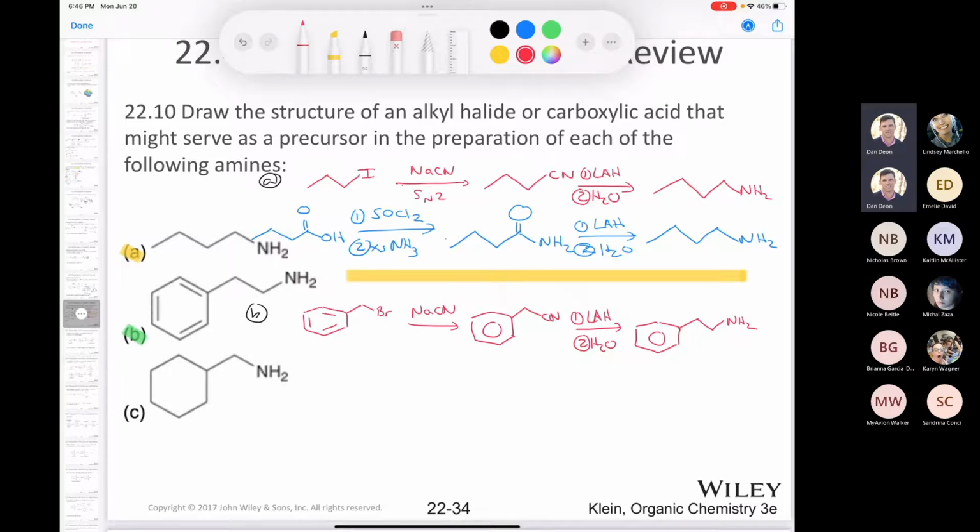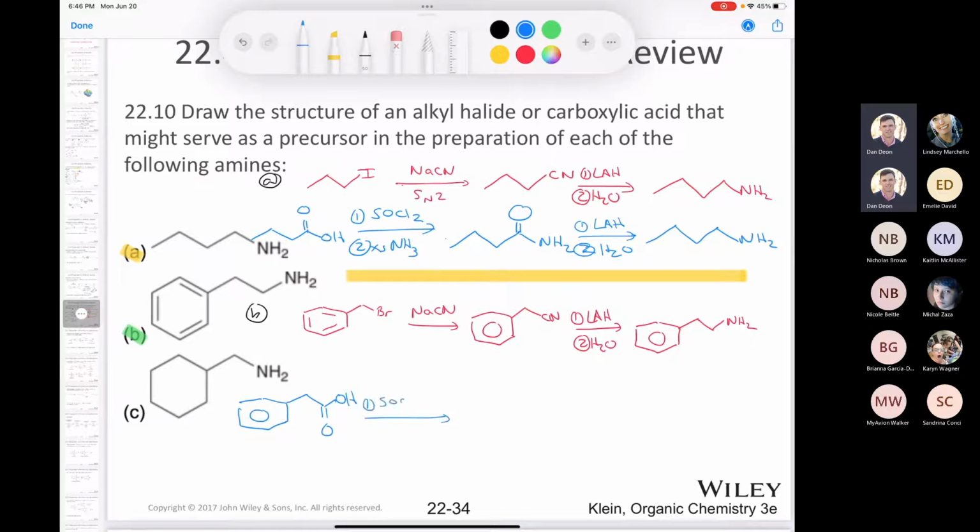And then if we wanted to go through a carboxylic acid, we would, of course, have the carbonyl here to make the primary amine. And so our carboxylic acid would look like this. So we'd have 1, 2 carbons there, and we'd start with this carboxylic acid. Same thing as before.